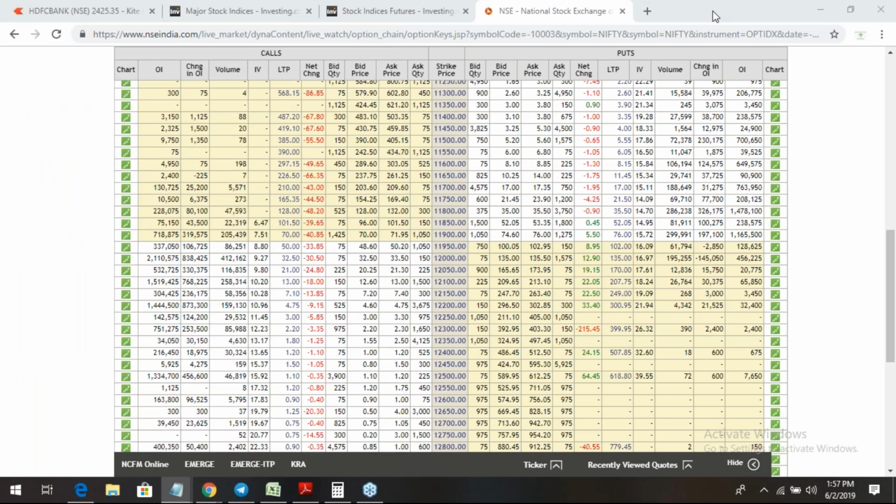You are here now, right? 11,950 call rate is 50. 12,000 call rate is 32.5. 12,100 call is 13 rupees. 12,200 call is just 4 or 7 rupees. So what do you think, guys? Which call is good to buy?